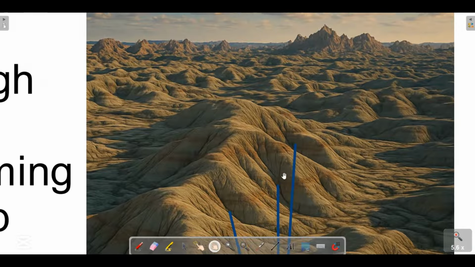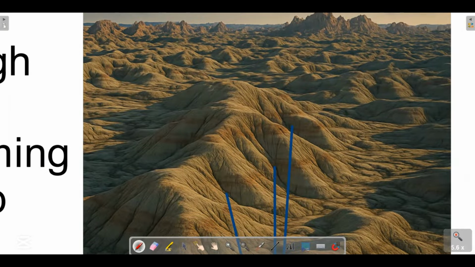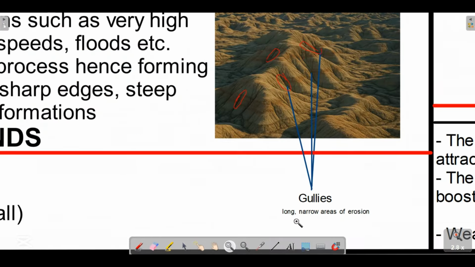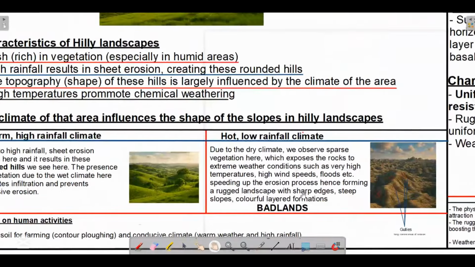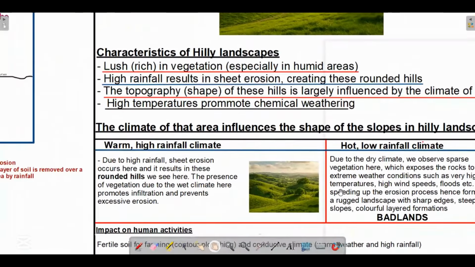These are hills, but now they have these gullies, these areas of erosion. As you can see, large narrow areas of erosion, as you can see over there. So we call those gullies. And again, a gully, guys, is a long narrow area of erosion. Now I will cover that in a moment.